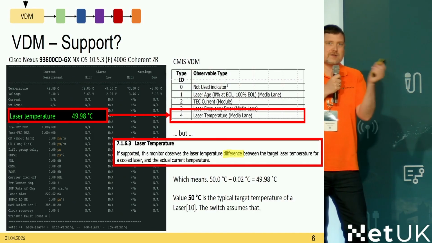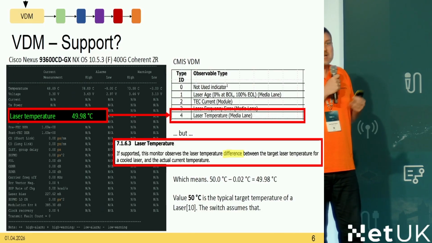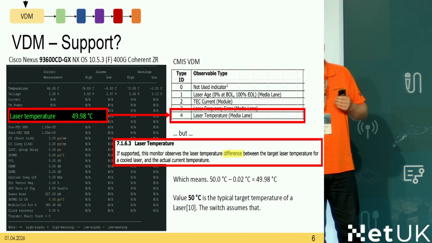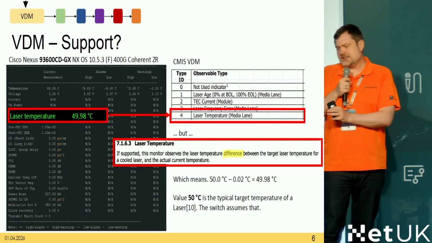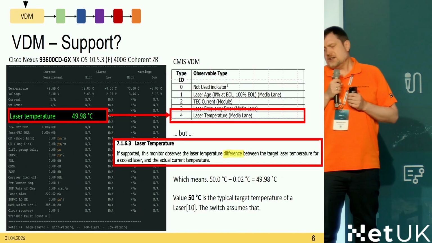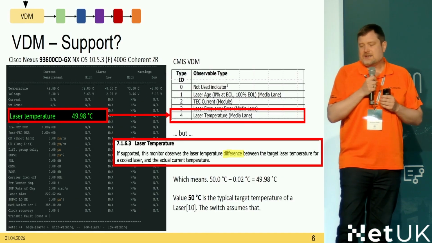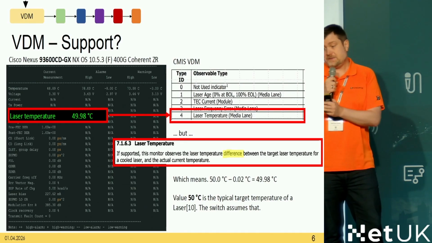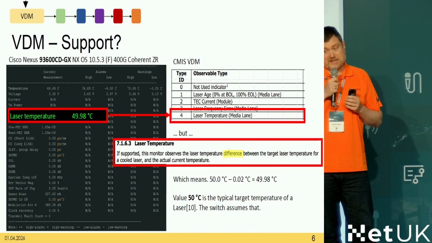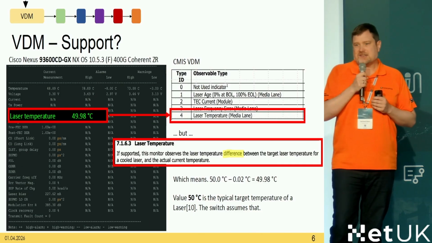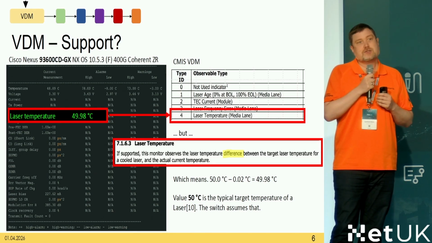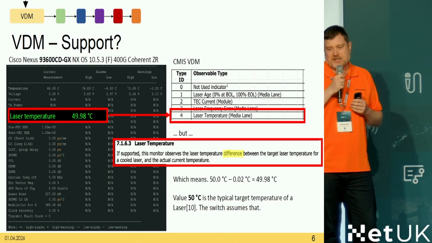Of course, you can also trace with a Beagle or any special device which pages are accessed, which is also possible. Another interesting fact here: you see the absolute temperature, 49.98. But if you look into the VDM specification and also other specifications, there's a similar one of SFF, they usually specify the relative temperature.